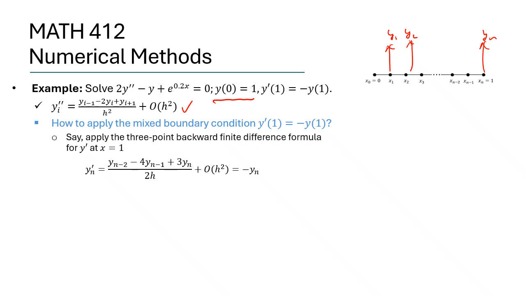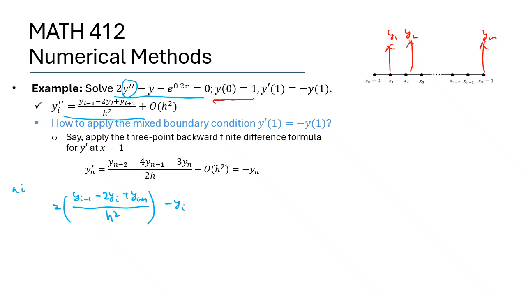Now replace y double prime with this formula. With which formula? With this formula, the 3-point central difference formula. That's y sub i plus 1 minus 2 y sub i plus y sub i minus 1, over h squared, plus 0 times x sub i.